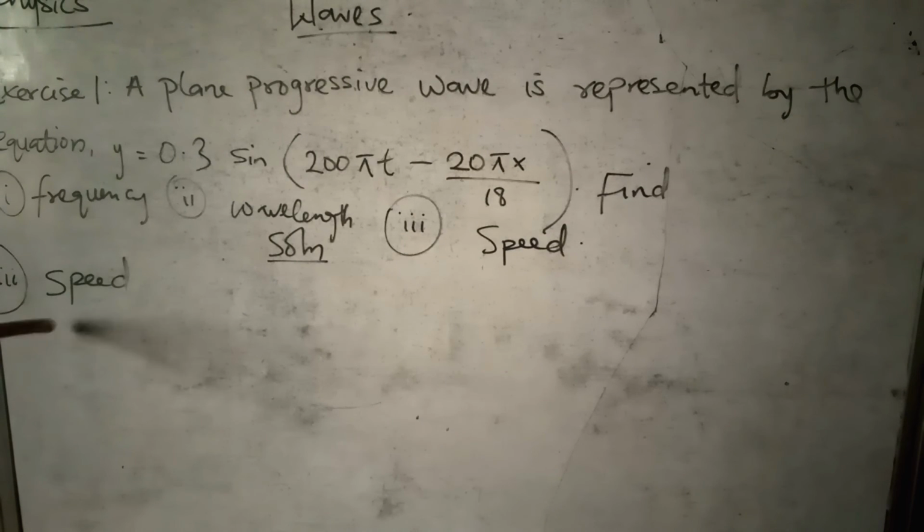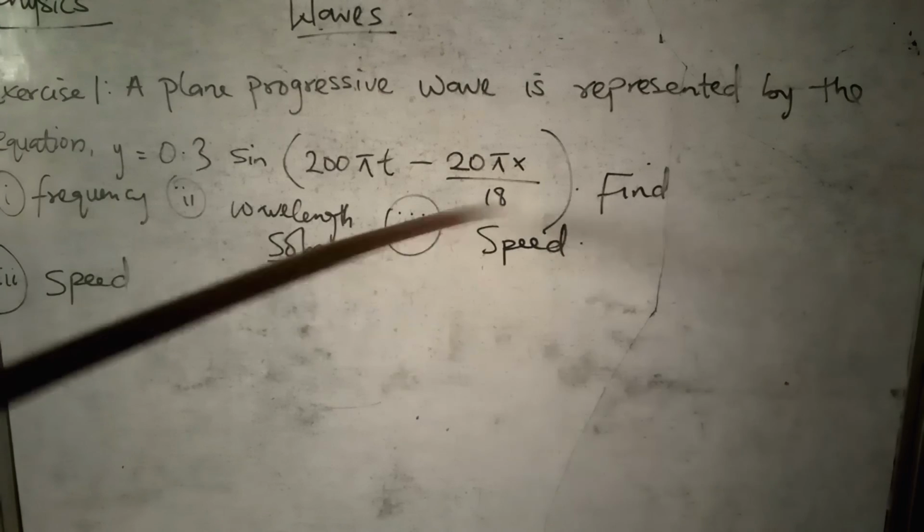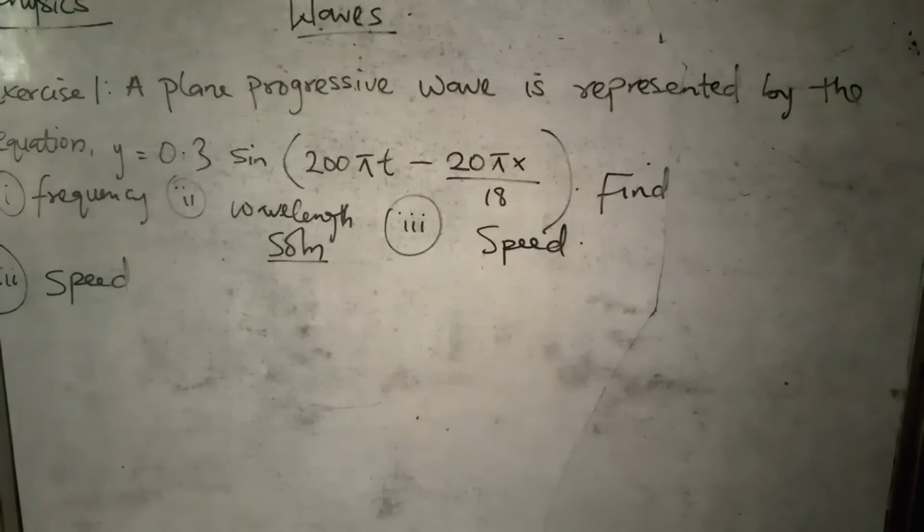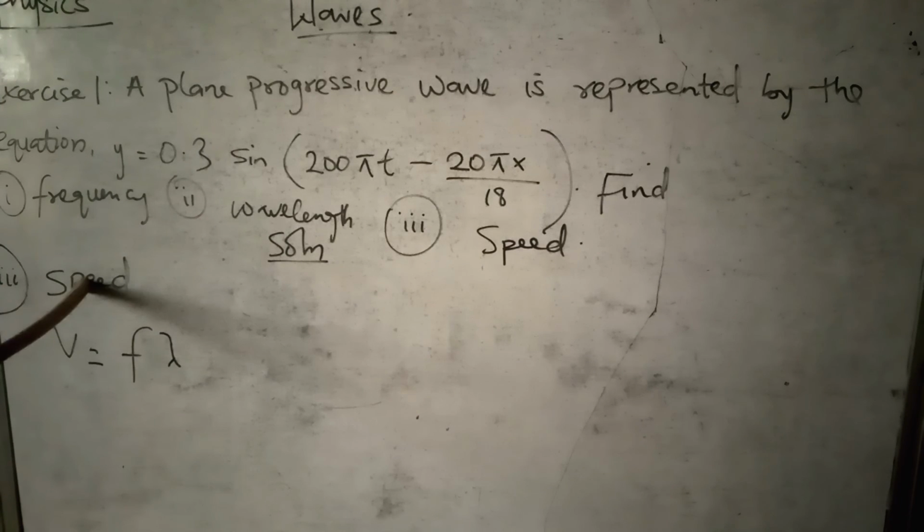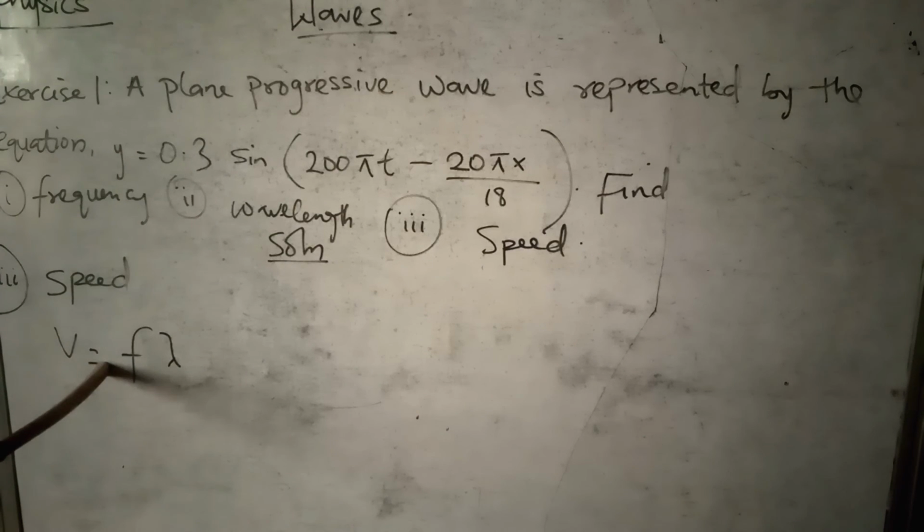The next question is speed. Find speed. The speed v is equal to the product of frequency and wavelength.